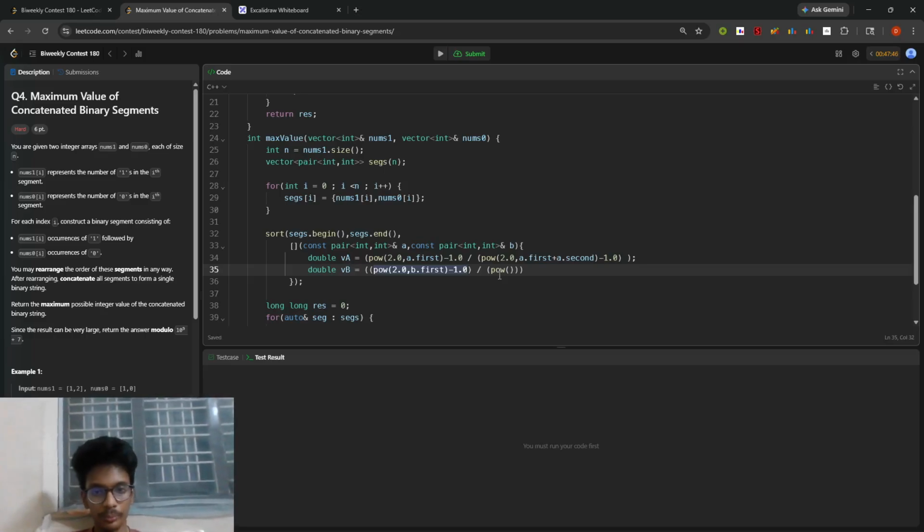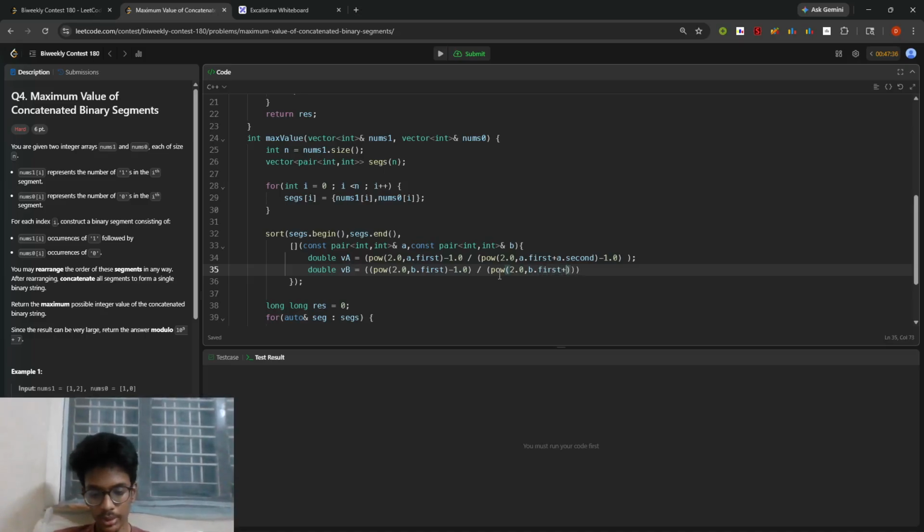Okay, so power of 2.0 B dot first plus B dot second minus 1.0, isn't it?